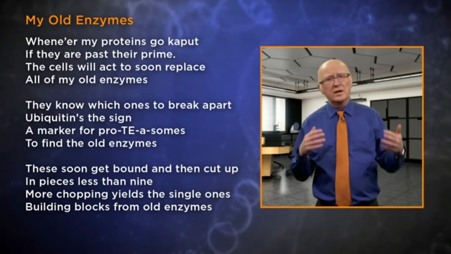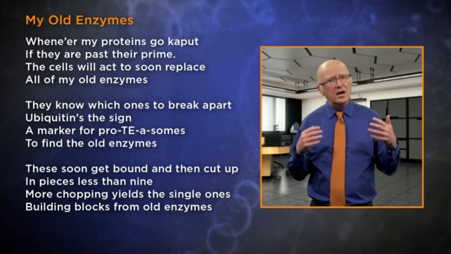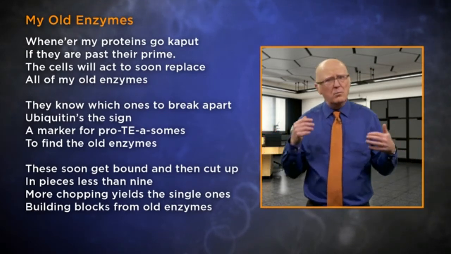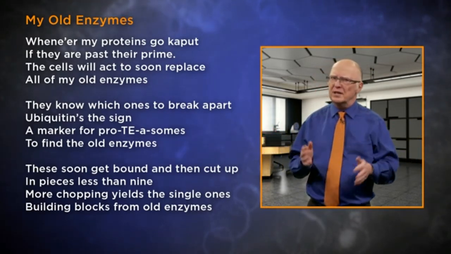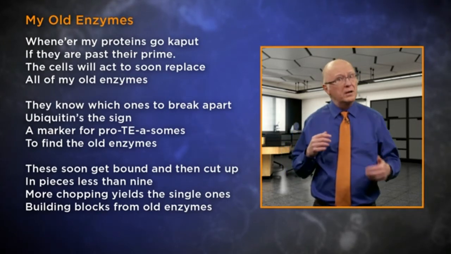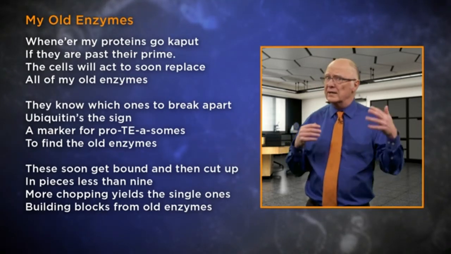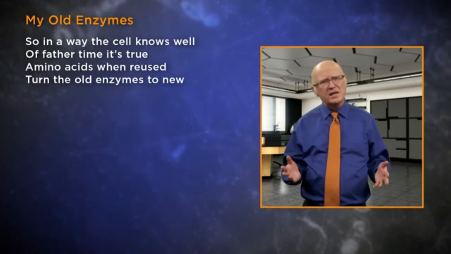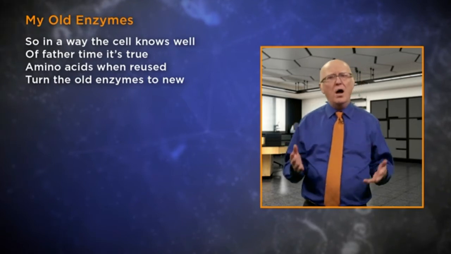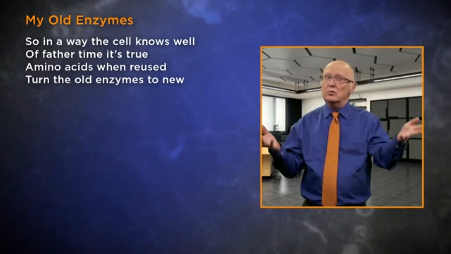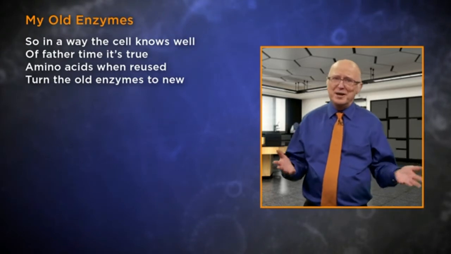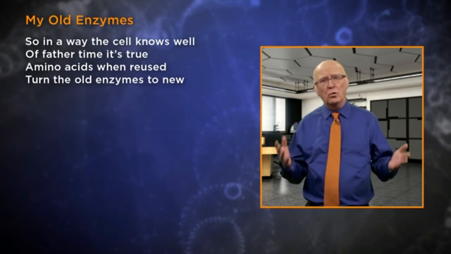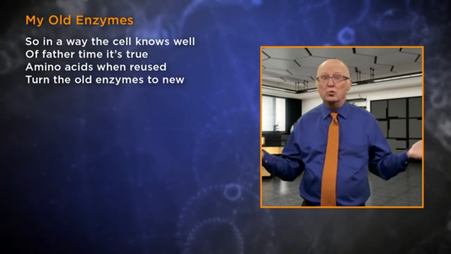These soon get bound and then cut up in pieces less than 9. More chopping yields the single ones, building blocks from old enzymes. So in a way the cell knows well of father time, it's true. Amino acids, when reused, turn the old enzymes to new.